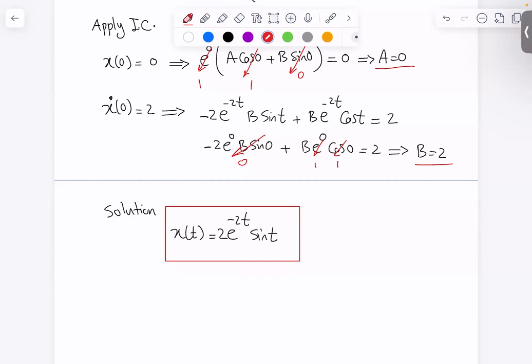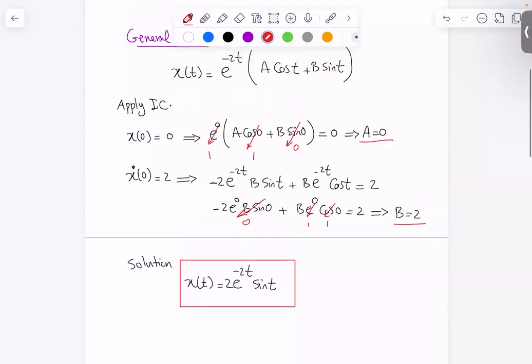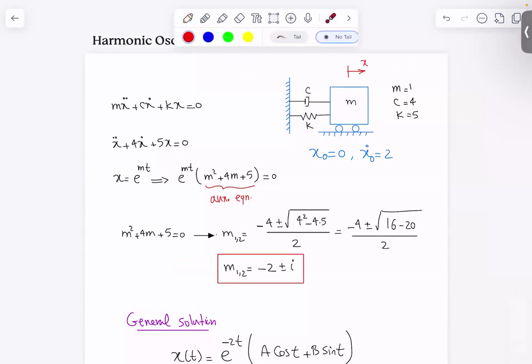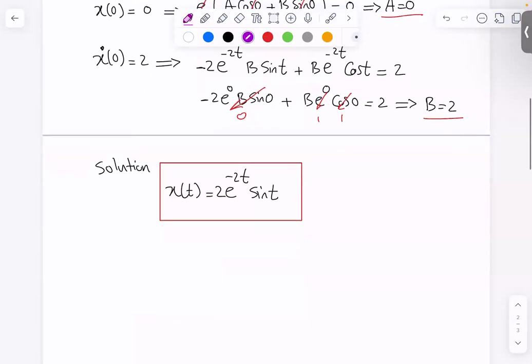So looking at this solution in the context of our problem, this is displacement versus time of this mass. So what's happening is you have two parts, right? You have the sine term, which basically tells you that your answer will have oscillations.